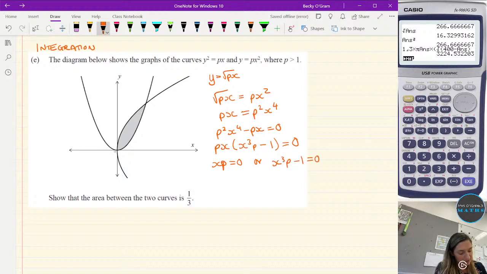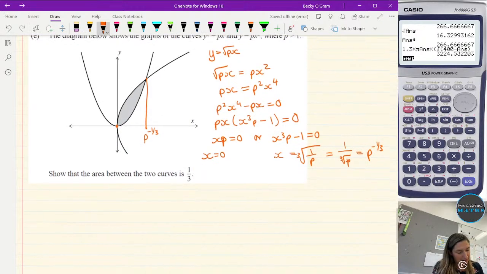Well, px being 0 is this first point of intersection, so x equals 0 that we can see there, or x equals the cube root of 1 over p by rearranging this bit. That's the same as writing 1 over the cube root of p, and that is p to the minus 1/3. So this point of x right here is p to the negative 1/3.